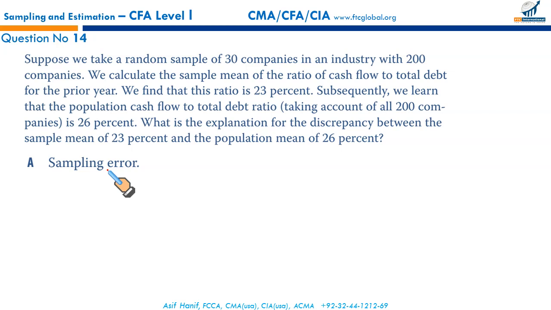Although the sample mean is an unbiased estimator of the population mean, meaning the expected value of the sample mean equals the population mean, because of sampling error we do not expect the sample mean to exactly equal the population mean in any one sample we may take. So clearly A is the right answer. It's sampling error.